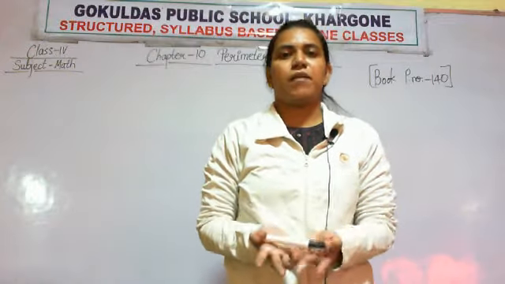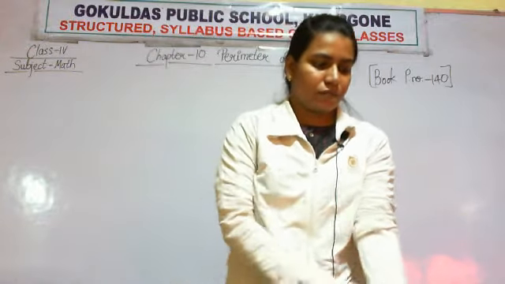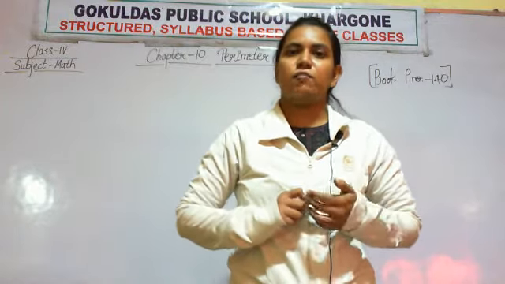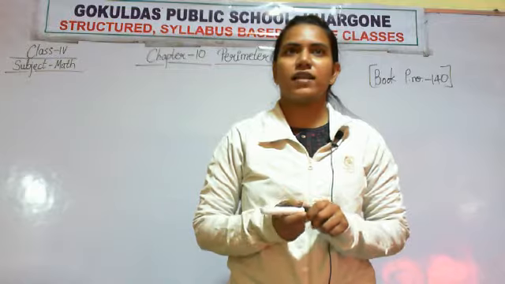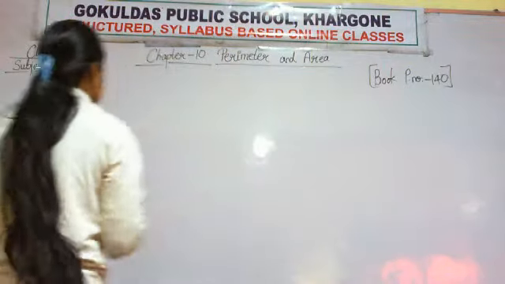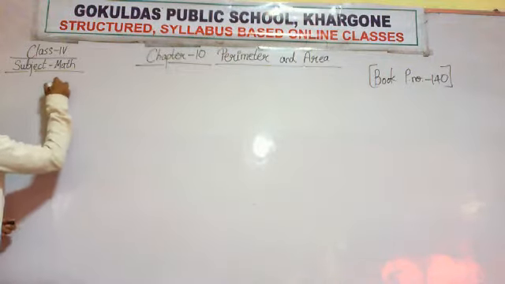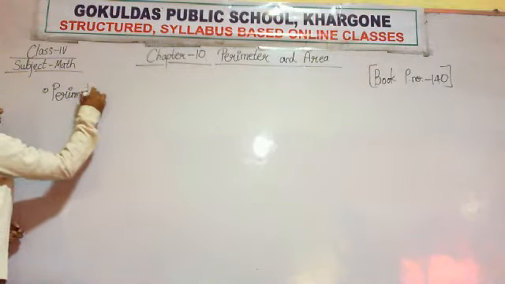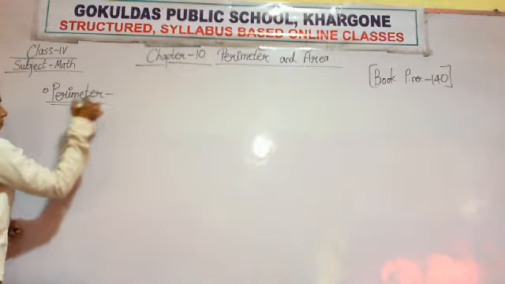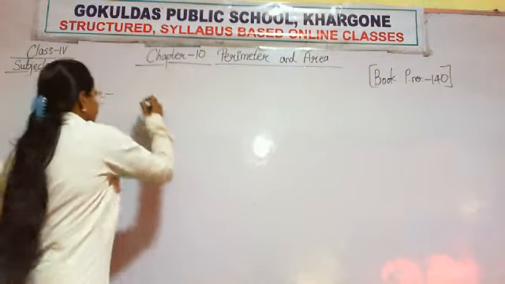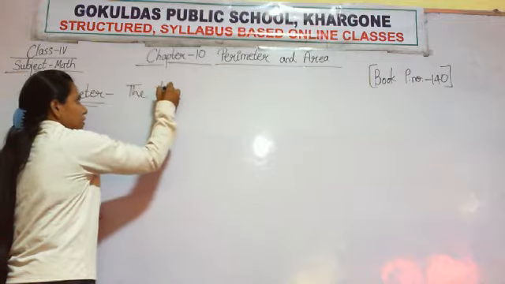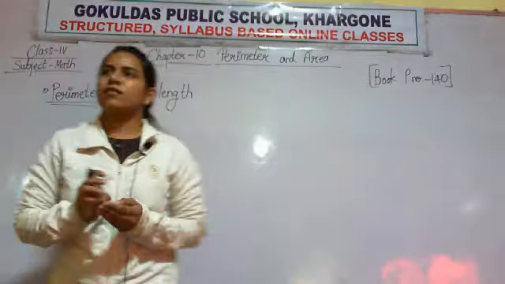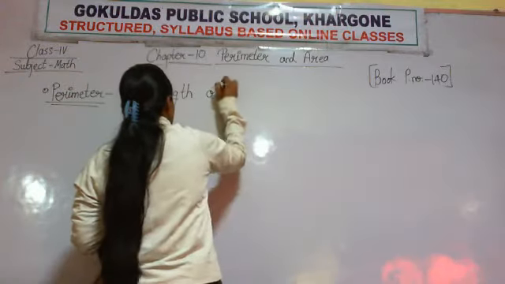Now what is perimeter? Do you know what is perimeter? The boundary of shapes is called as perimeter. The length or distance of boundary.